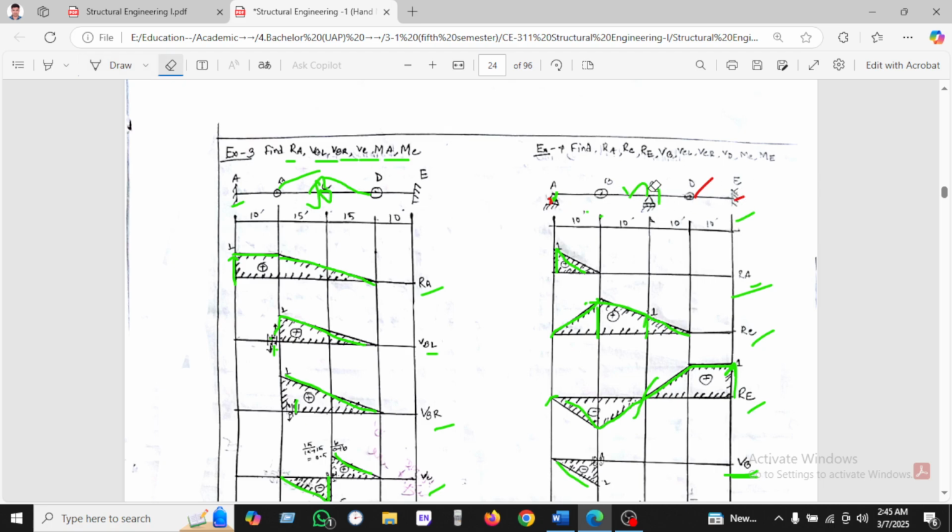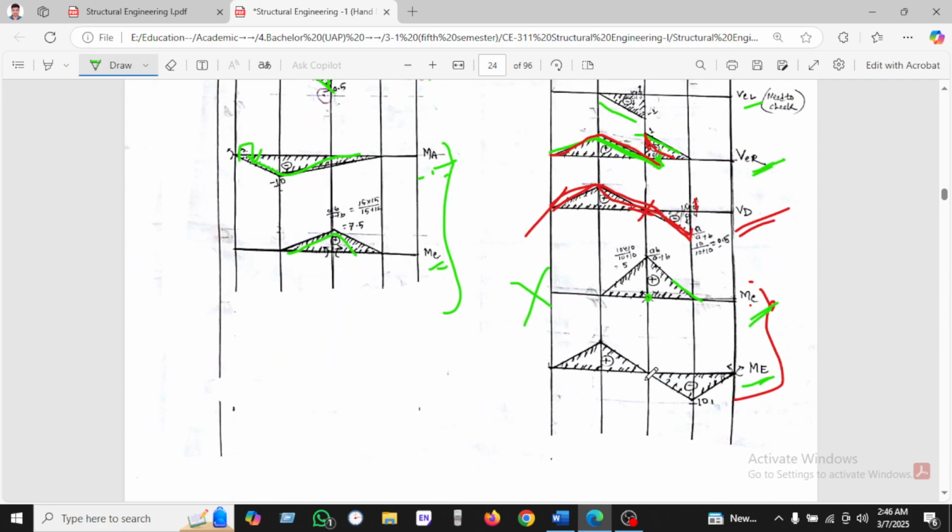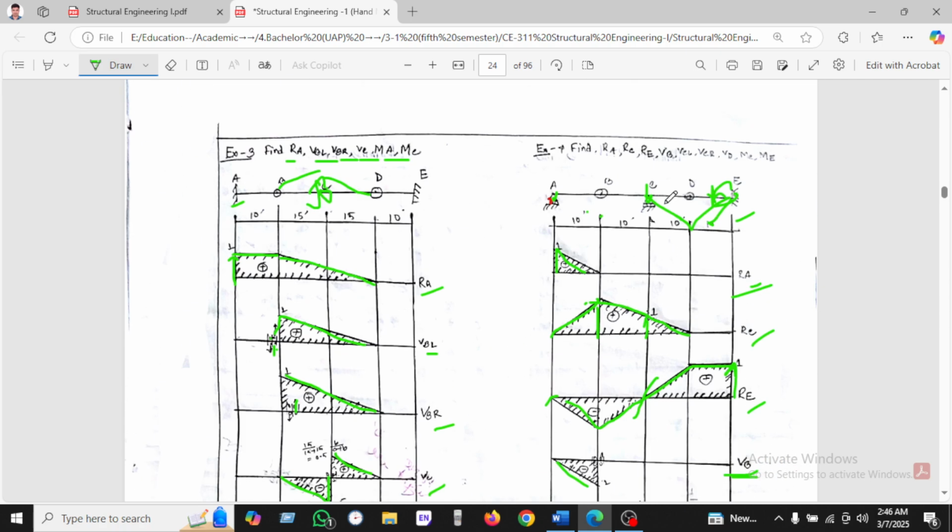As we insert an internal hinge at the support, it will not go upward, as we know. Rather, it will go down, so it will act like this. If we force down, it acts like this, and we know this is the support, that's why it will be 0. Okay, so this will be 0 and it will go upward, like this.